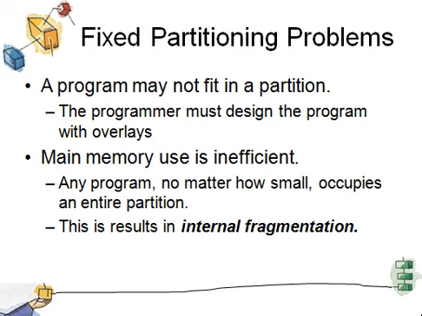Main memory use is inefficient. The second problem associated with partitioning is that main memory use is inefficient. We are unable to use the main memory efficiently. Any program, no matter how small, occupies an entire partition. This will result in internal fragmentation. No matter how small the size of the program is, it will occupy one block of the given fixed size.